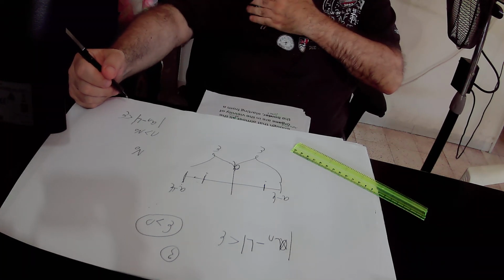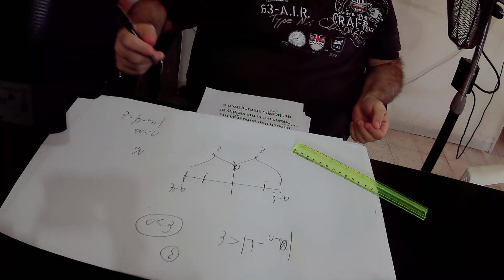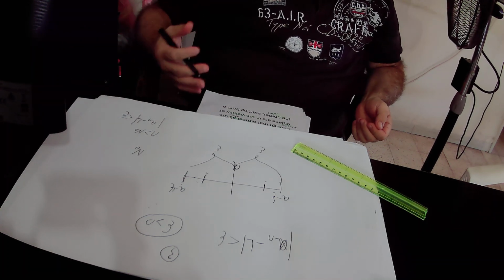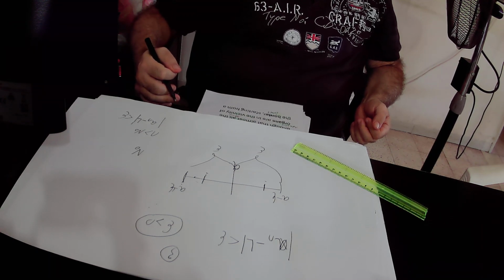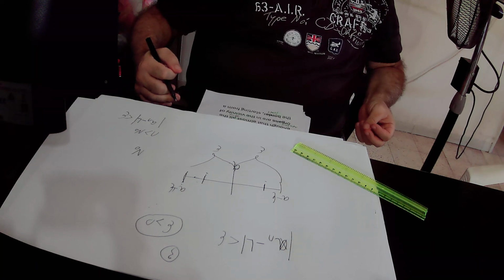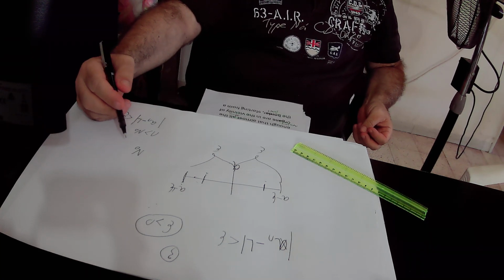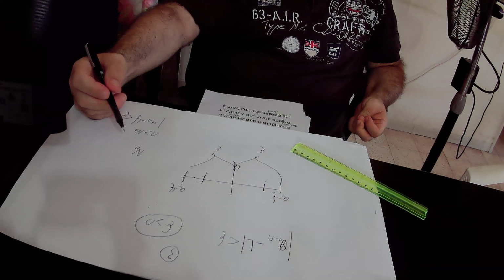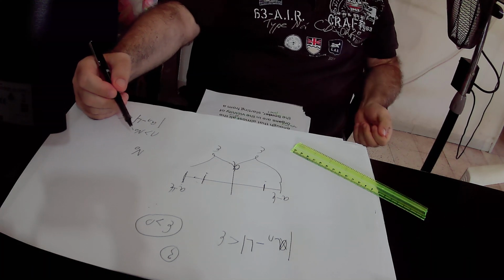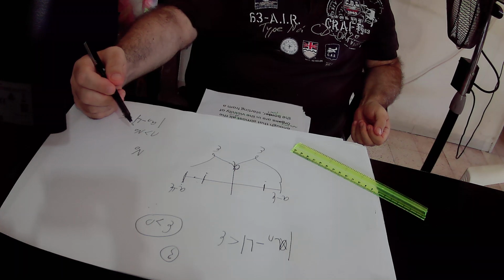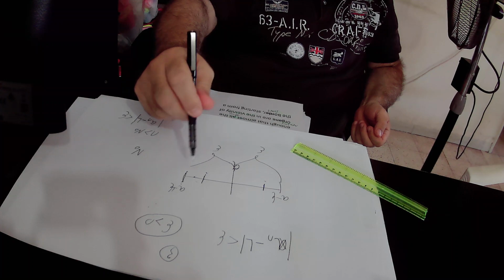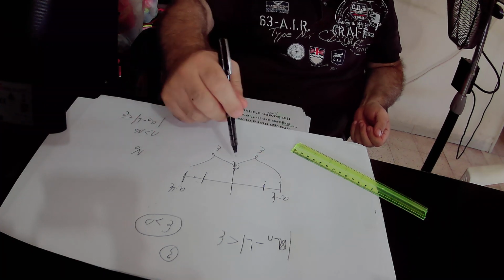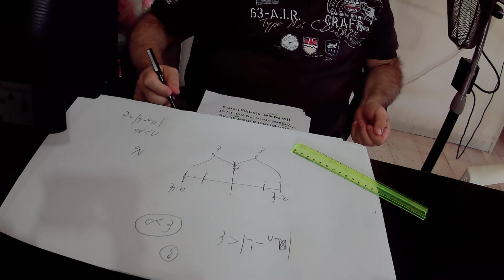So if a sequence has a limit, then we must be able to find a natural number N0, such that from N0 onwards all the members of the sequence will be inside these brackets, inside the vicinity of A. Okay?